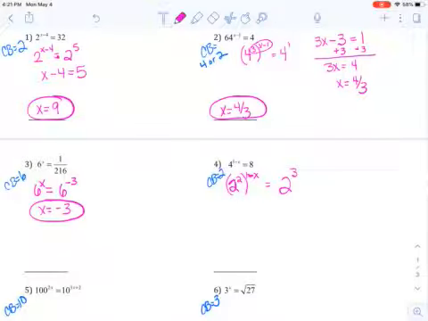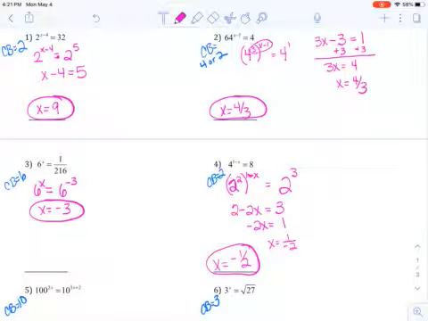So the power on this side is really 2 minus 2x. The power on this side is 3. Take 2 away from each side. And x is 1 over -2, or x is -1/2. Same thing.